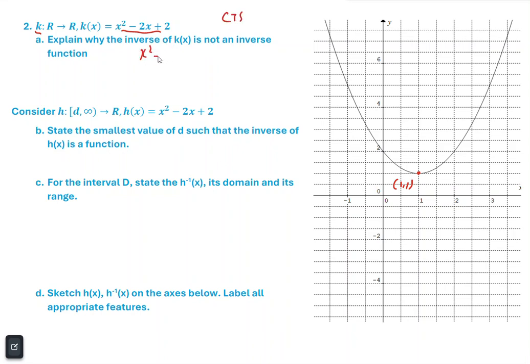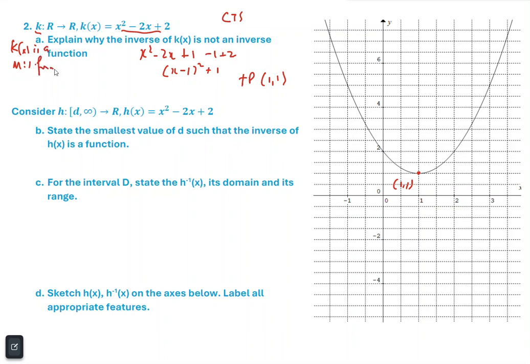So x squared minus 2x, half of negative 2 is negative 1, squared is plus 1, then minus 1 plus 2, and that will give me (x minus 1) all squared plus 1, and that is definitely a turning point at (1, 1).